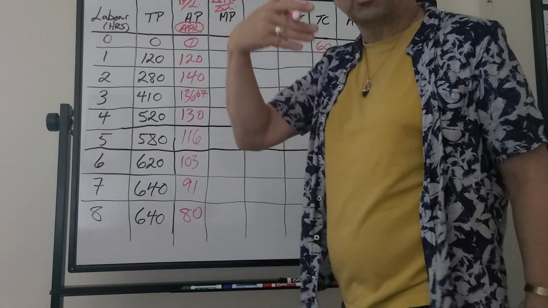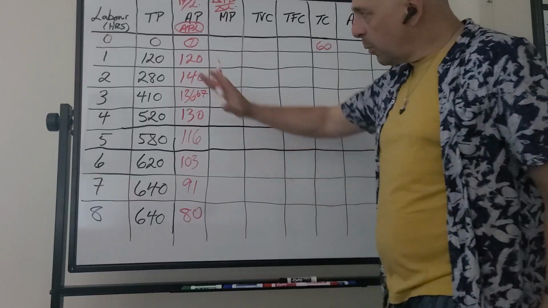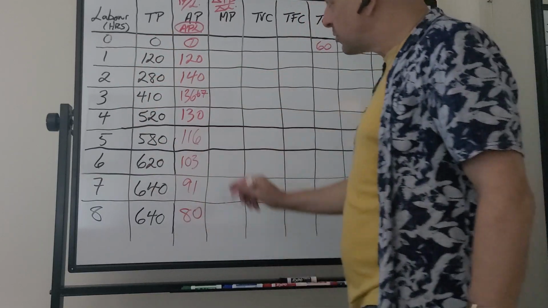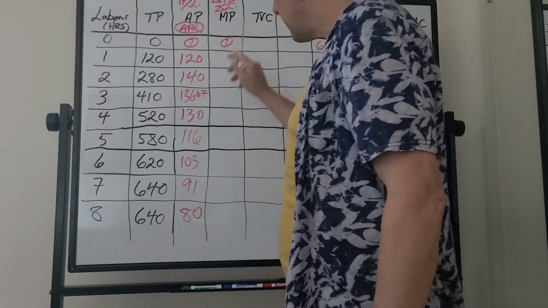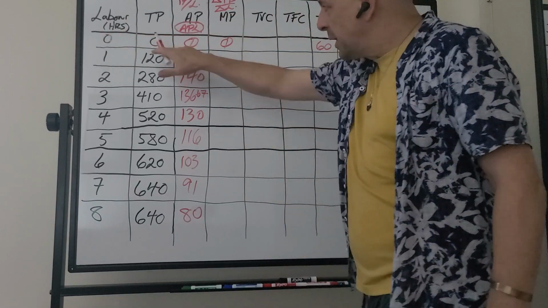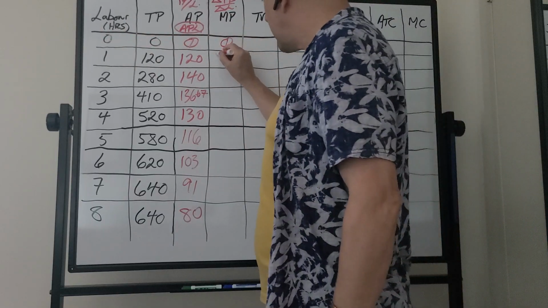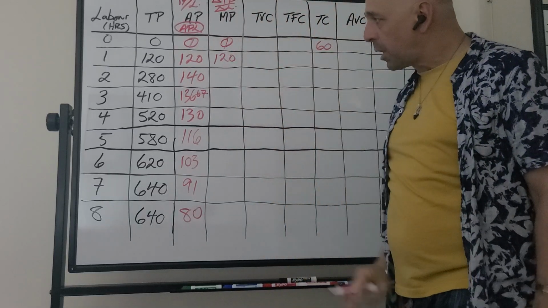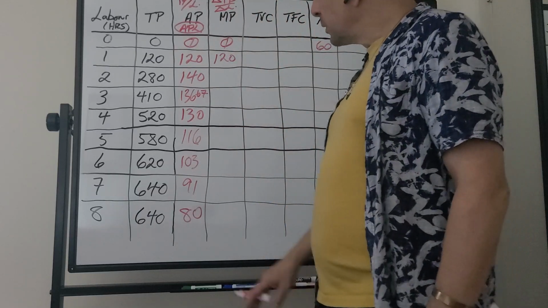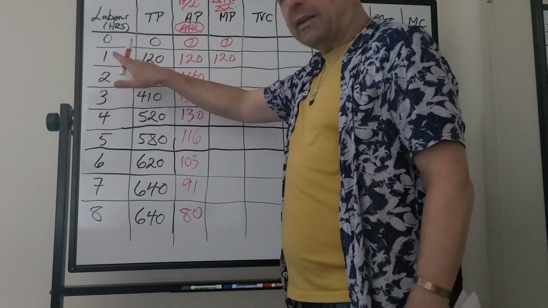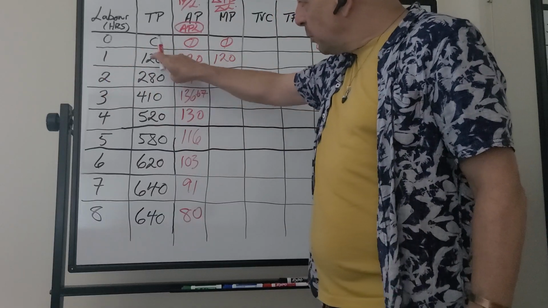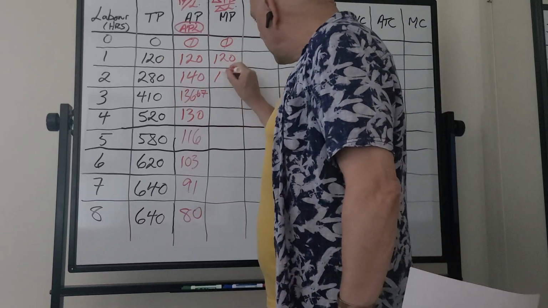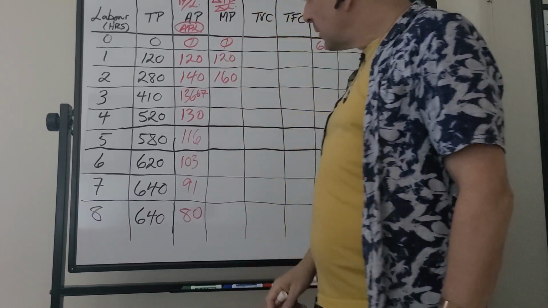So really, what it is going to be is the change in the total product. How much additional production are we getting by adding each of these extra hours of labor? Well, here we don't even have to do it. We've added 1. It's led to 120. So we have 120 as the marginal product, the additional product, right? By adding the second, we've gone from 120 to 280, so we have added 160, right?